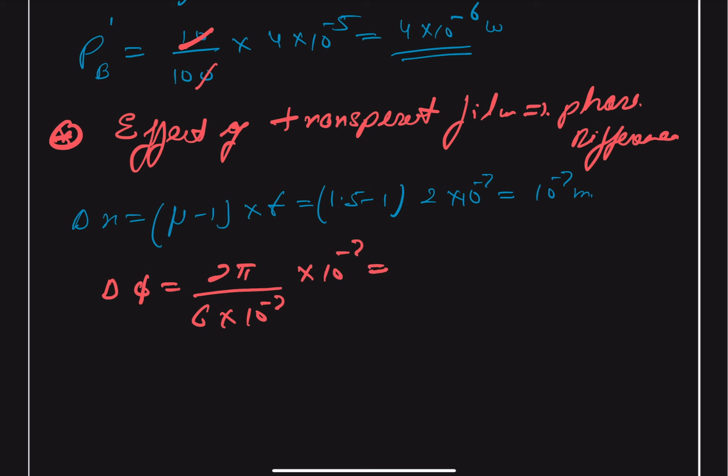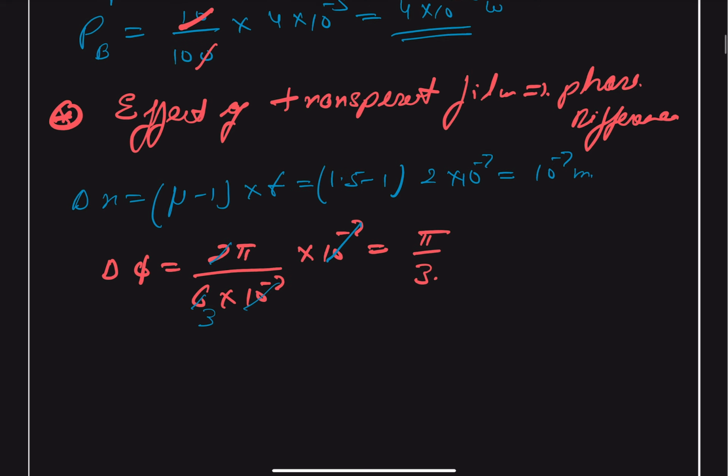So this gives us pi by 3, because 2 goes with 6 to give 3, so I am left with the phase difference of pi by 3, or we can simply call it 60 degree.